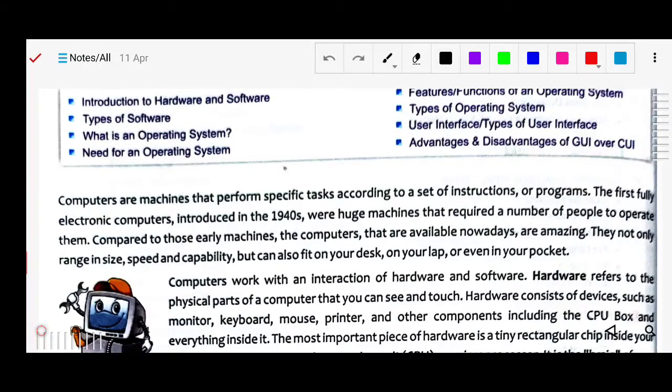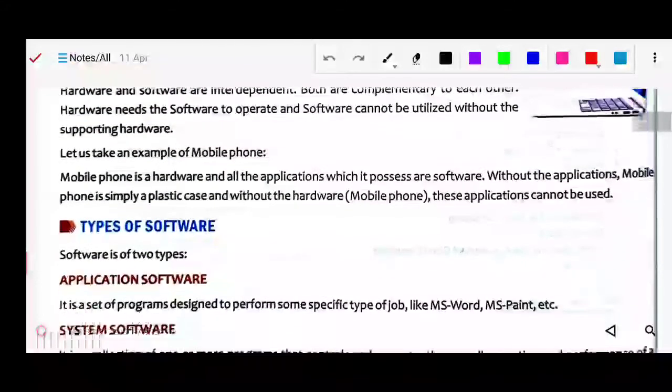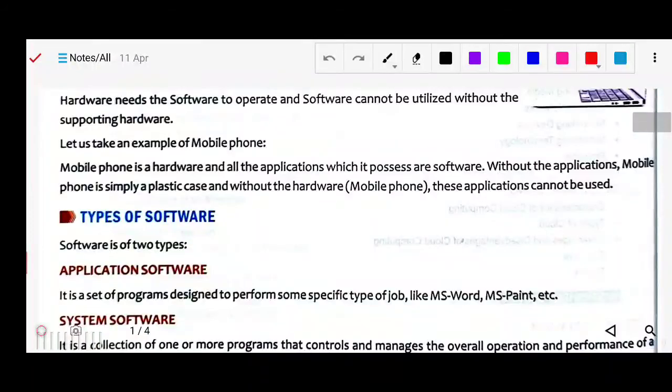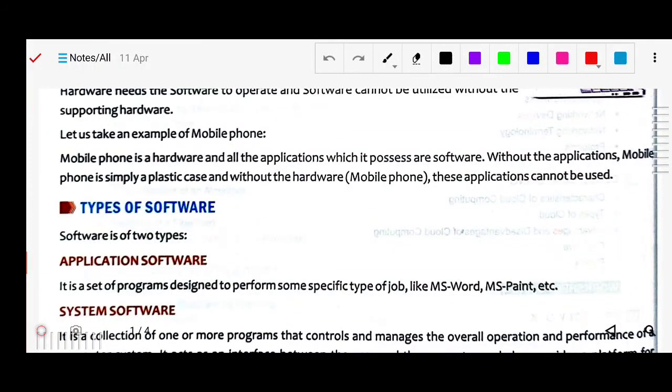The computer works with an interaction of hardware and software. Hardware refers to the physical part of the computer that we can see and touch. Software refers to the instructions or programs that tell the hardware what to do.